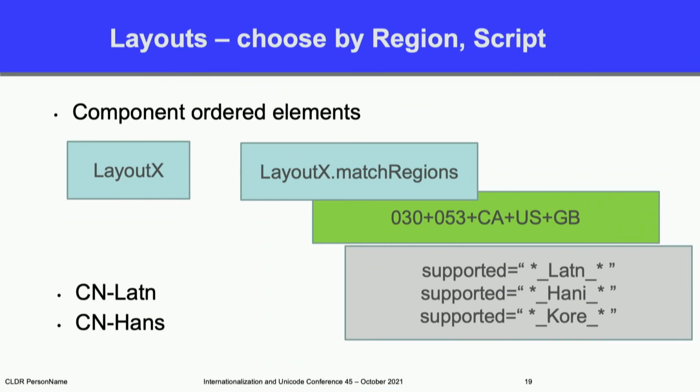Another part is your layouts change when you go from region to region as well. So, for example, I may have a particular layout I want, and this is the example I had before for Asia, Australia, New Zealand, and then Canada, US, UK.